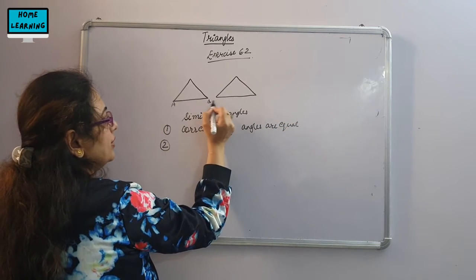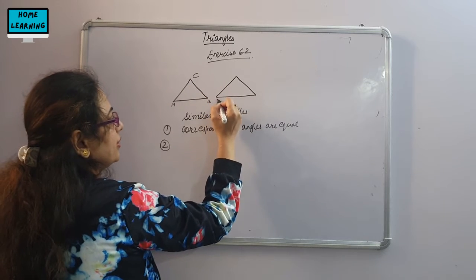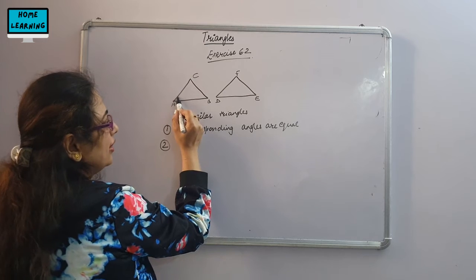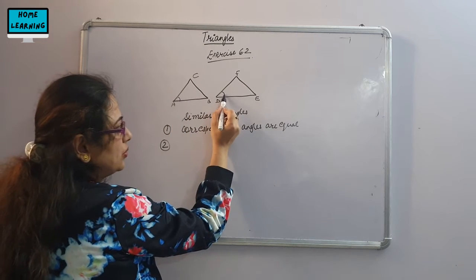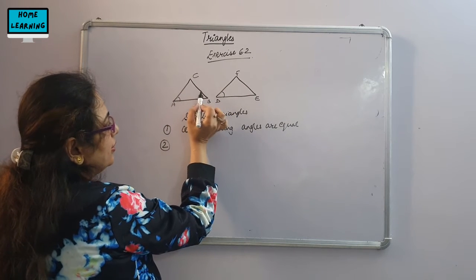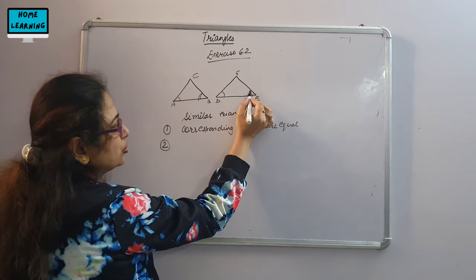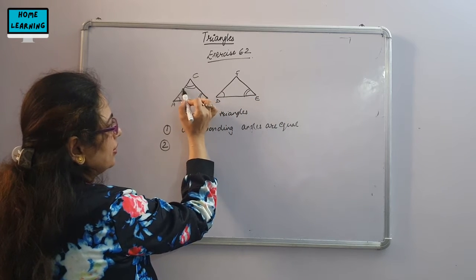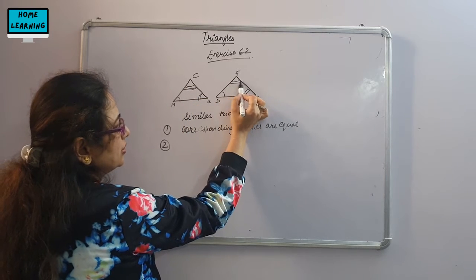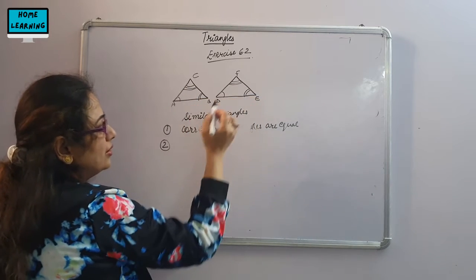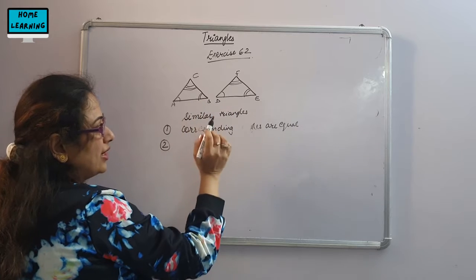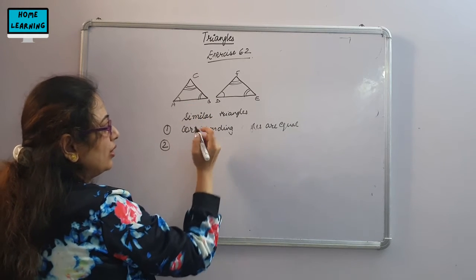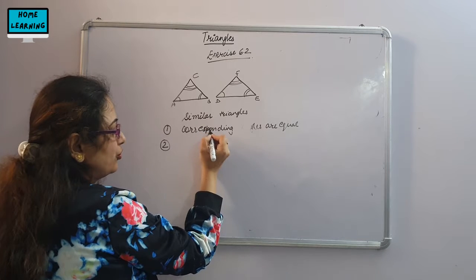Triangles A, B, C and D, E, F. This means angle A should be equal to angle D, B has to be equal to E, and this one has to be equal to this one. When such triangles are there, then these can be known as similar only if the other condition is also fulfilled.